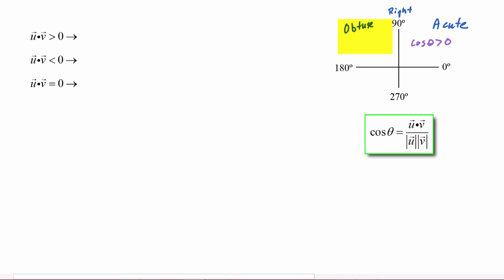And if it's an obtuse angle, cosine theta will be negative. Now, if it's a right angle, think about that. What does that mean cosine had to be? If it's a right angle, the cosine had to be 0. Cosine of 90 degrees is equal to 0.